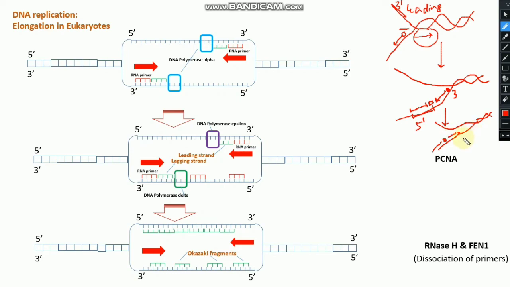Upon stretching out the other strand, another RNA primer is recruited here, and then DNA polymerase binds here and works in this direction, starting synthesis. So you see here how this kind of small fragment is created. These small fragments are known as the Okazaki fragments that I mentioned here.